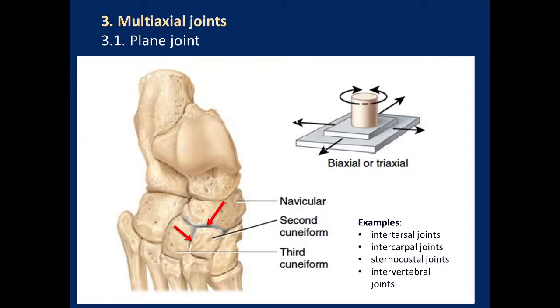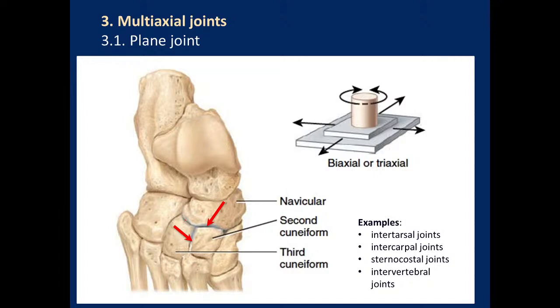The articular surfaces of the bones are plane, are flat, and they are combined in the planar joints, or flat joints.